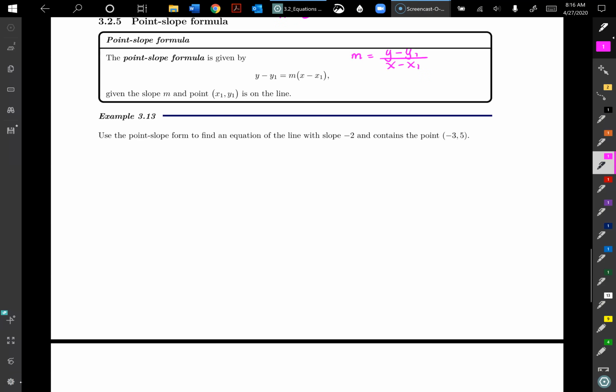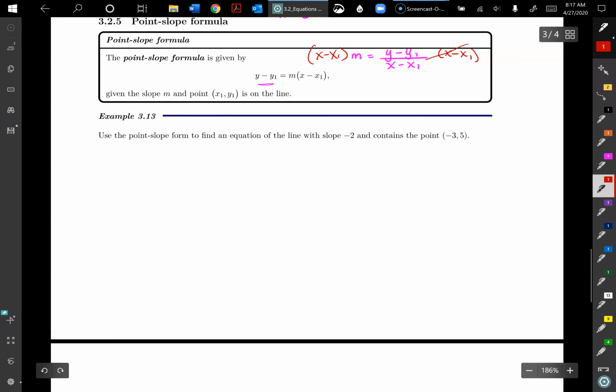Sorry about that. Sometimes my hand hits the Zoom. So now to solve for y minus y sub 1 like we have here, we simply clear the denominator, multiply both sides by x minus x sub 1, in parentheses. And then there we have it.